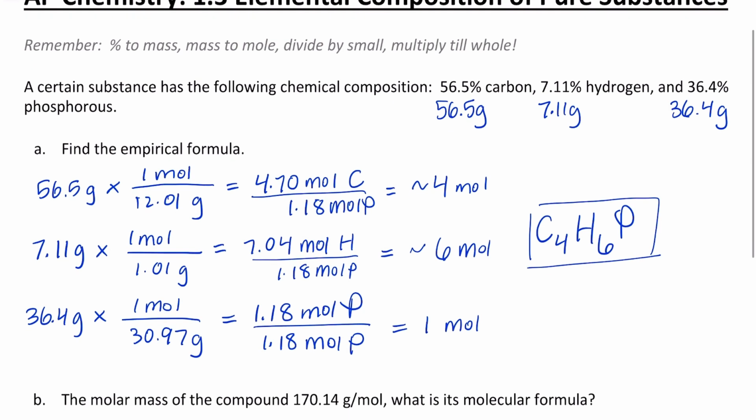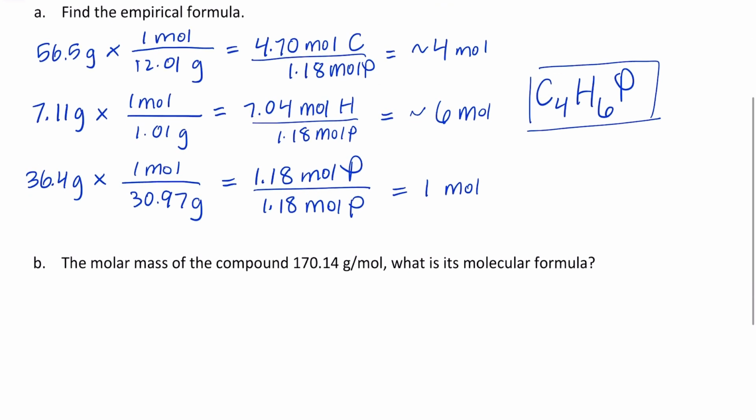Okay, our second part of this question is asking us to find the molecular formula given the molar mass of the compound. So that is this one here, 170.14 grams per mole. That is our mass for the molecular formula.